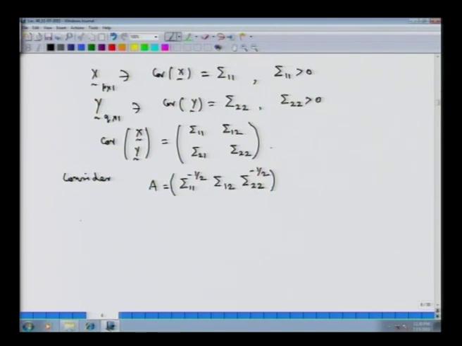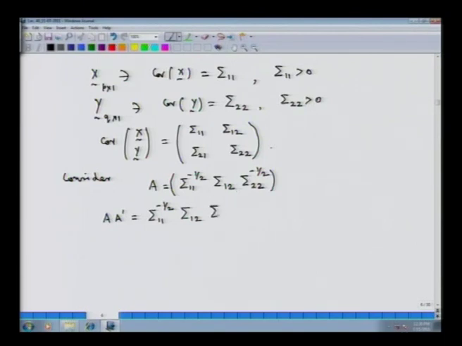Now, from this matrix A, if we look at the matrix A prime, it would be given by this sigma 1 2, then A transpose of this particular matrix.